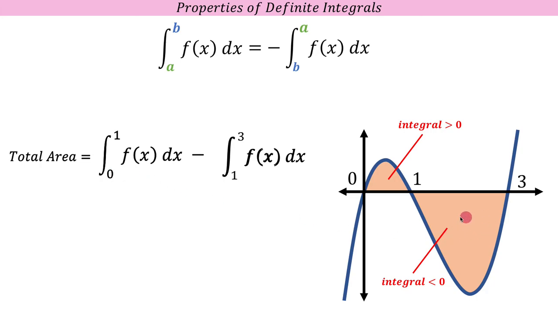And because this area right here is going to be negative, what I'm going to have to do is actually put a minus here, so that when I do find it, the two negatives cancel out and I get a positive. So I have to actually put a minus here, and that's a common mistake people make. They think, well, total area, you plus it, and they don't consider the fact that the area underneath the x-axis is going to be negative already.